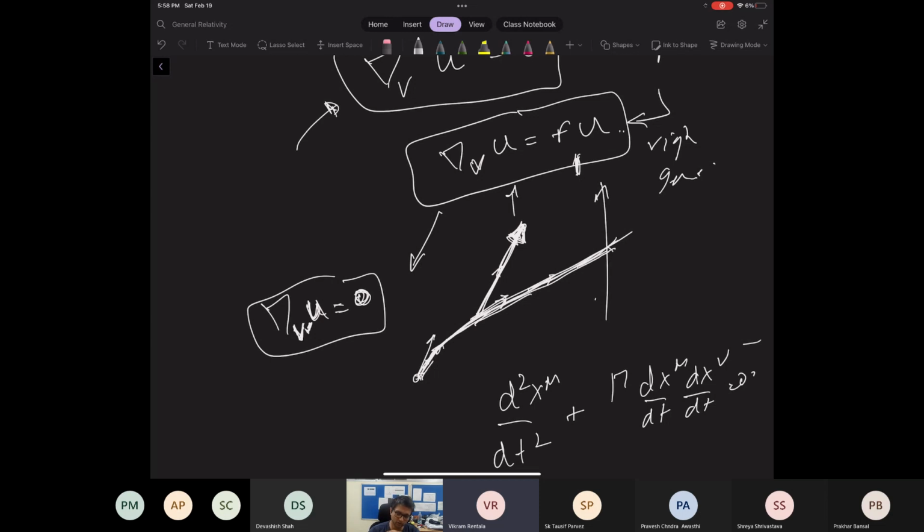So only with this choice, with this particular rate where the change in U is 0, will the magnitude of U not change in the parallel transport. In general, the magnitude of U will change.